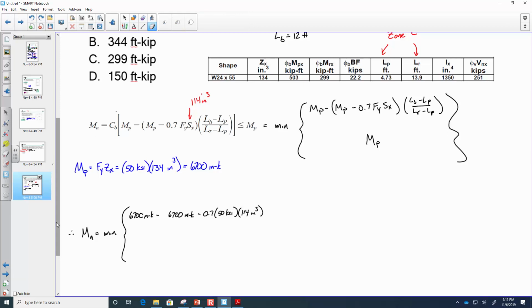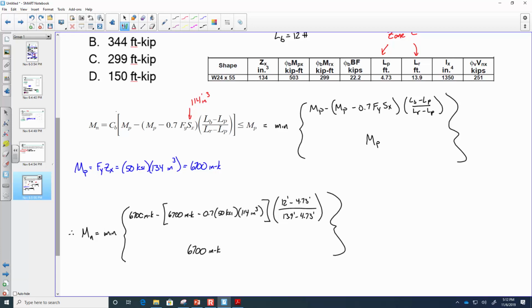I'm going to replace these with braces. Times 12 feet minus 4.73 feet, 13.9 feet minus 4.73 feet, or 6,700 inch kips. So it's the minimum of everything on the top, or 6,700.